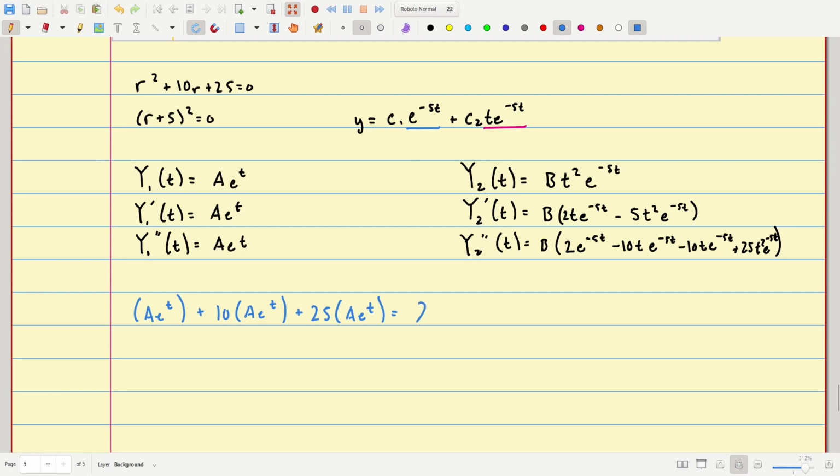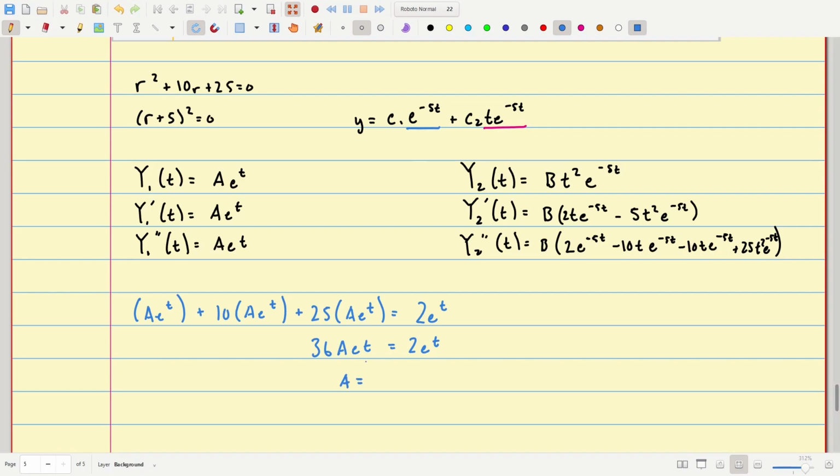And this is all going to be equal to 2 e to the t. So putting everything together here, we're going to have 36 factors of e to the t on the left and just the 2 on the right.